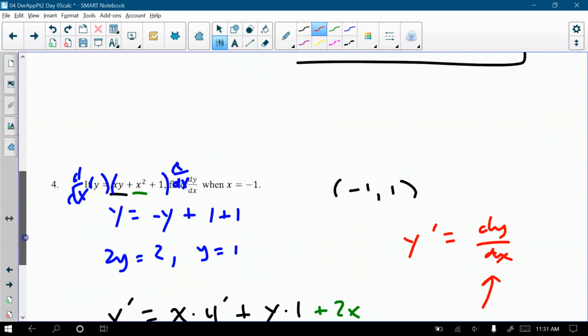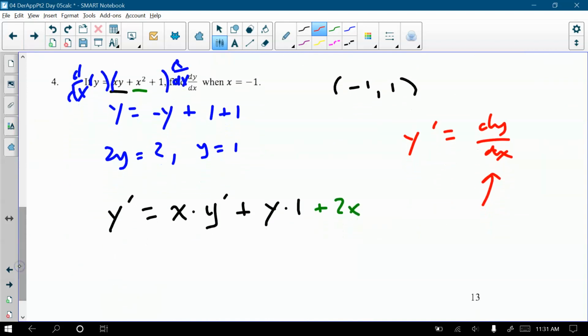Okay. So let's go back here. Y prime equals dy dx. Okay, so now let's get y primes on one side, everything else on the other side. So it looks like we're going to get 2x plus y equals, and if I move this to the other side, and I remember that there's a 1 in front of here, I get 1 minus x. And that's equal to y prime.